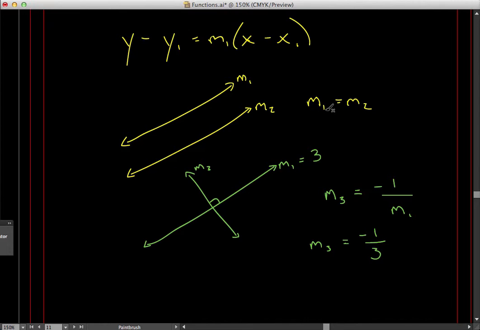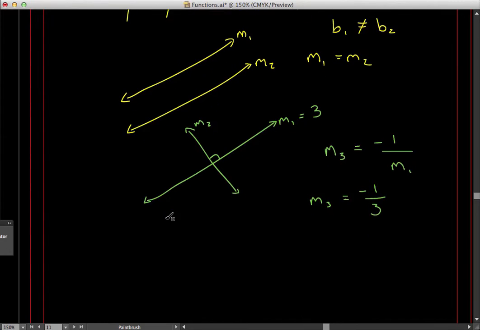If they have the same slope and they have different y-intercepts, so as long as b sub 1 is not equal to b sub 2, then you have parallel lines. Okay.